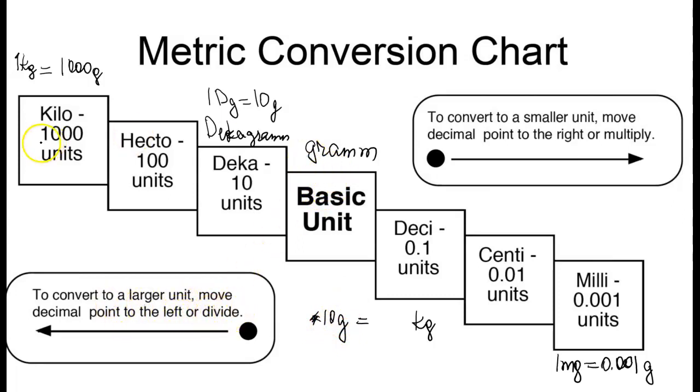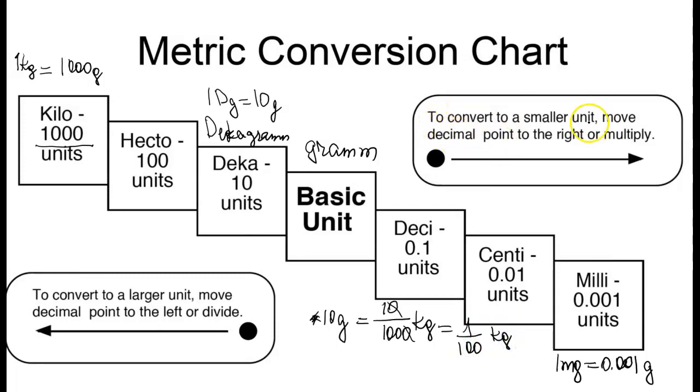We need to divide by 1,000 because 1 kilogram is 1,000 times greater than 1 gram. To convert grams to kilograms, we divide 10 grams by 1,000, and it is 1/100th of a kilogram.